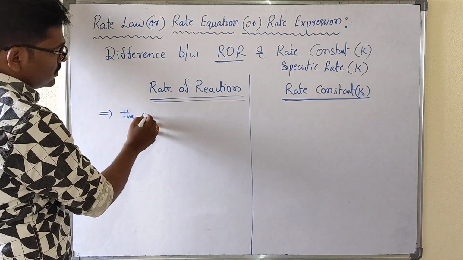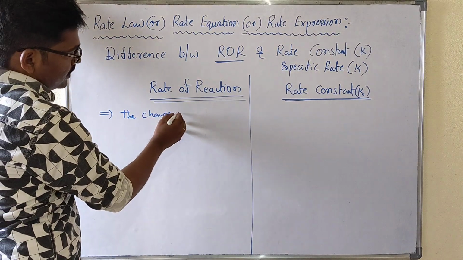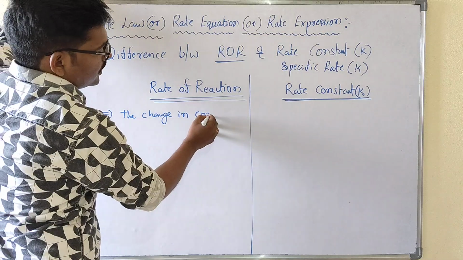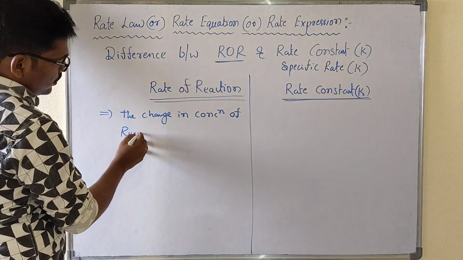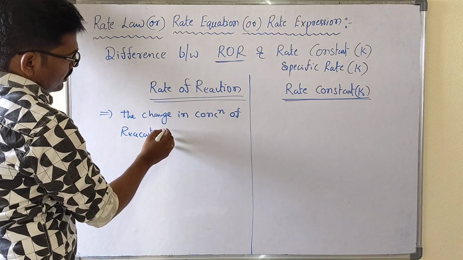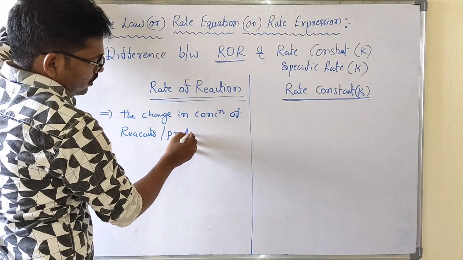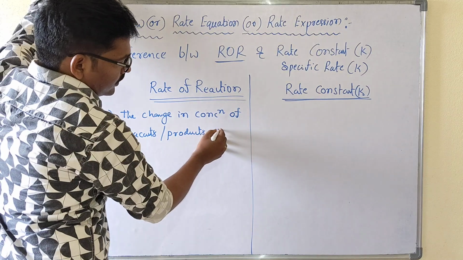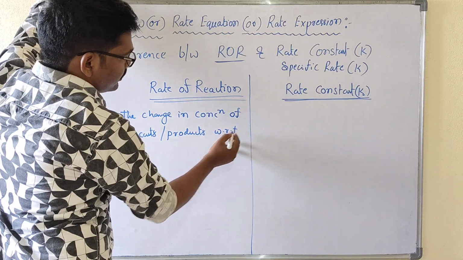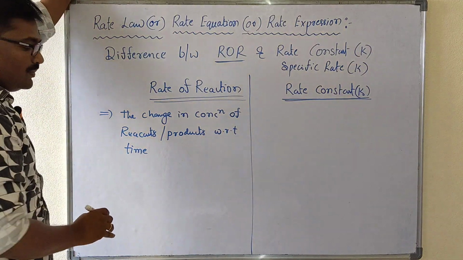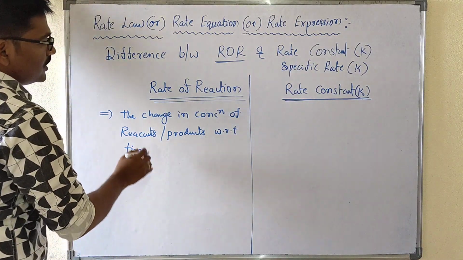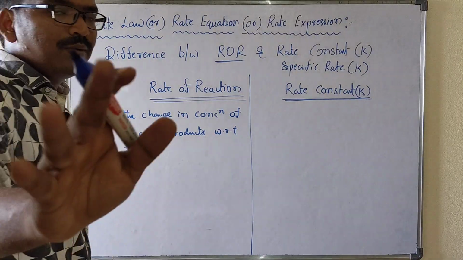The change in the concentration of reactants or products with respect to time, or per unit time, is called the rate of reaction. Clear, my dear students?